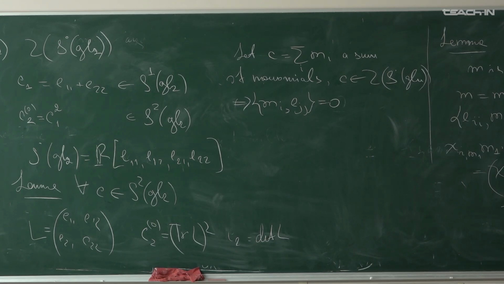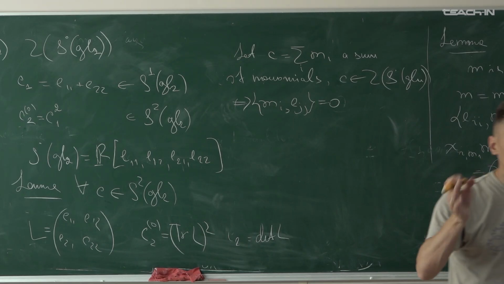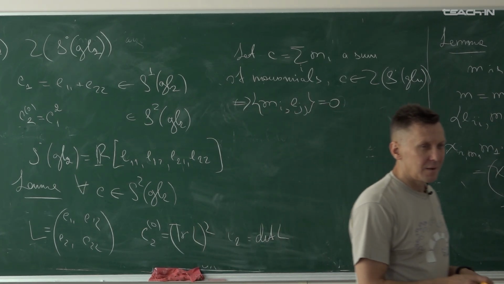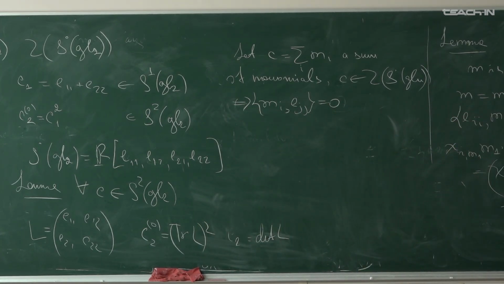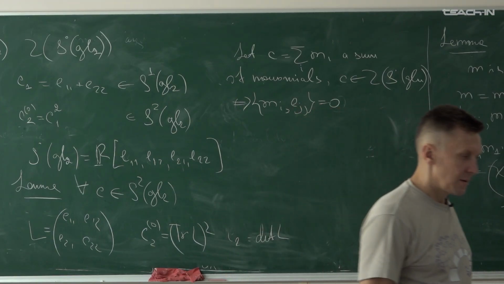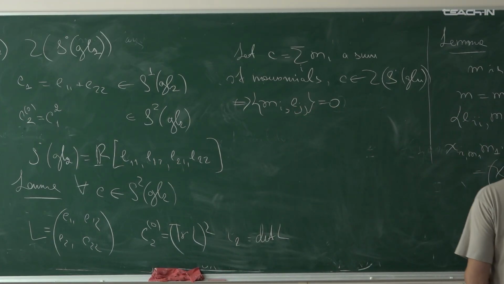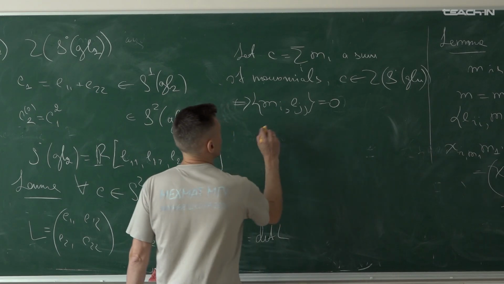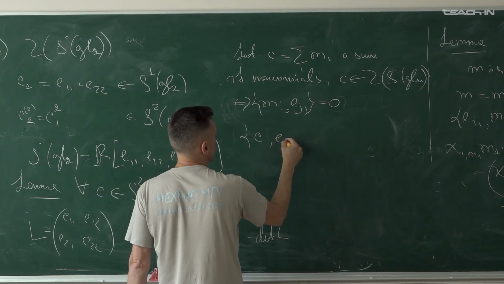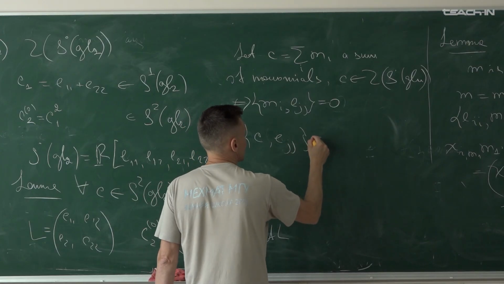Because the commutation with diagonal elements acts on each monomial separately, multiplying by a number. In this lemma, we say the commutator of each monomial with the diagonal element is just that monomial times a number. If this is central, then this is equal to 0.